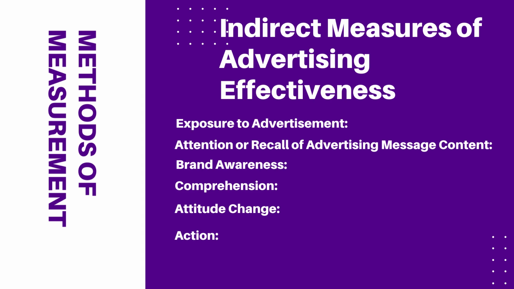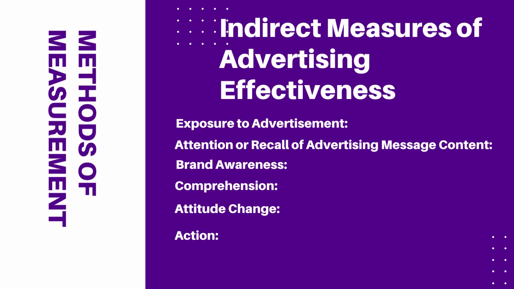Now let's go to the indirect measures of advertising effectiveness. As it's very difficult to measure the direct effect of advertising on companies' profits or sales, most firms rely heavily on indirect measures.